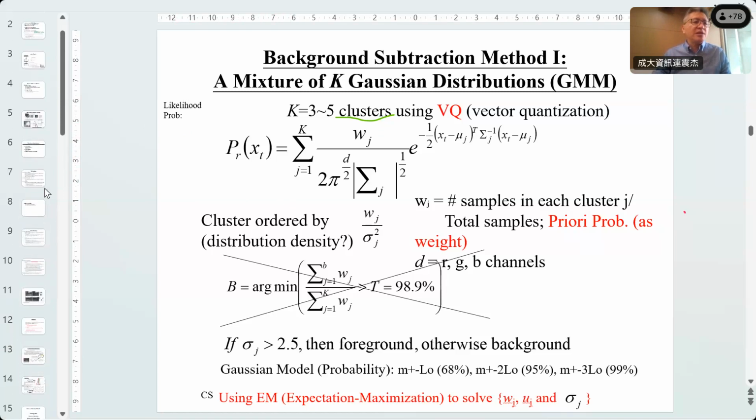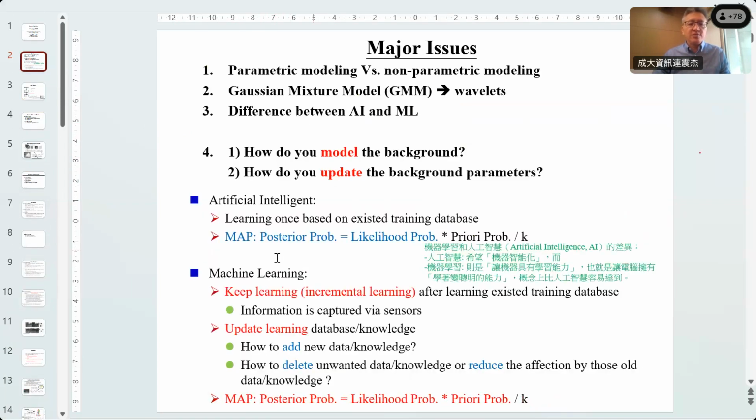Likelihood. That's what I want to teach you here. On the second page, for the AI, the most important one we call Bayes theory. 贝氏定理, Bayes theory.